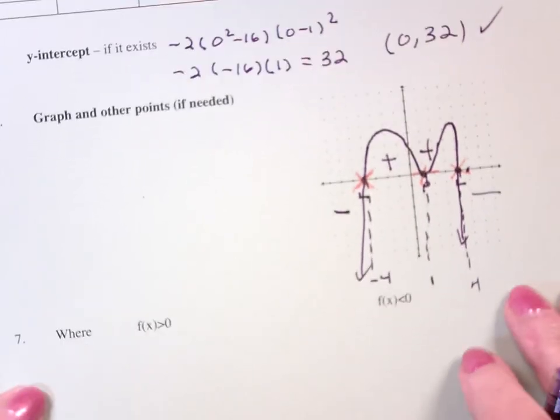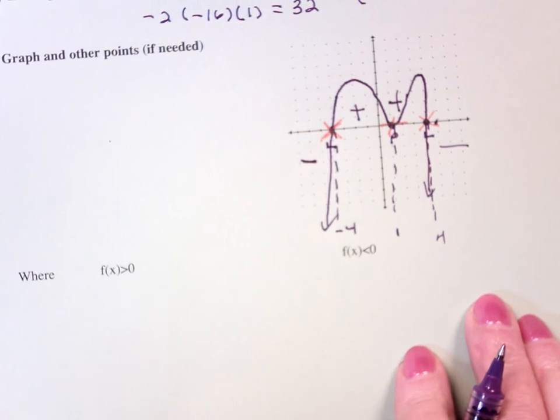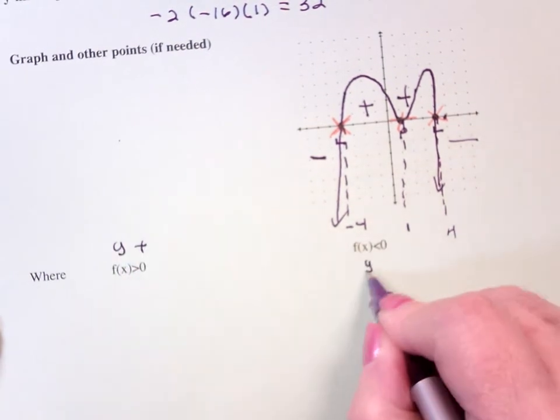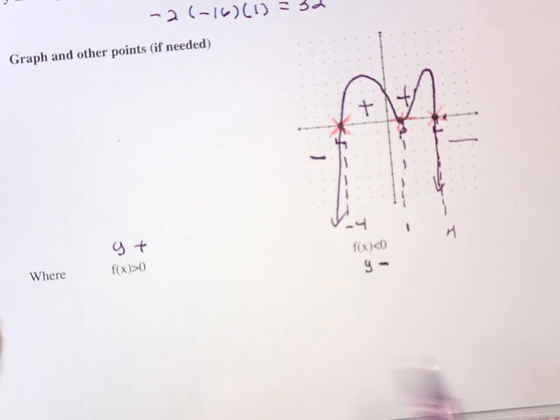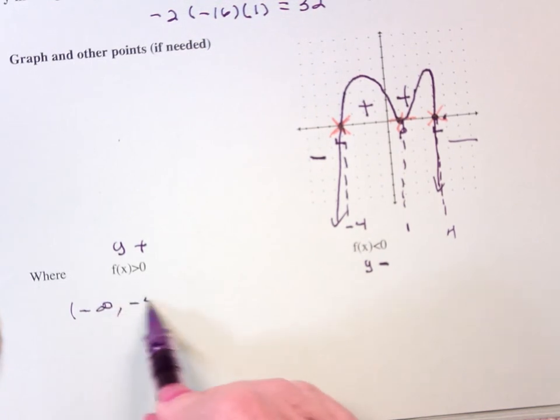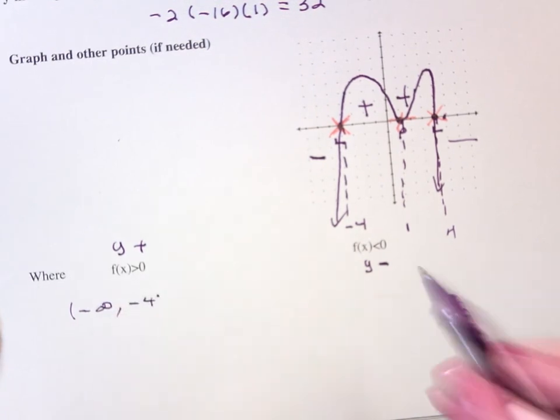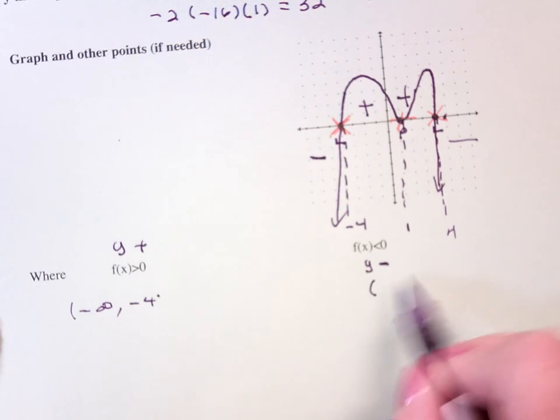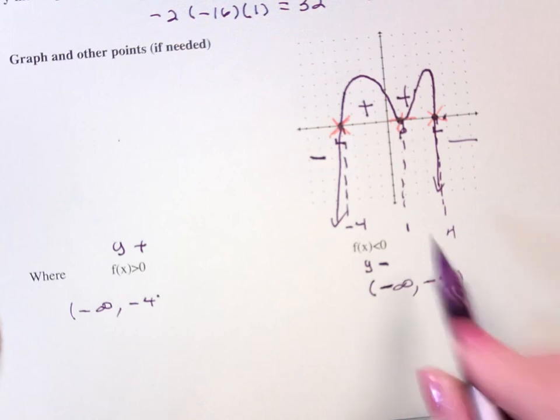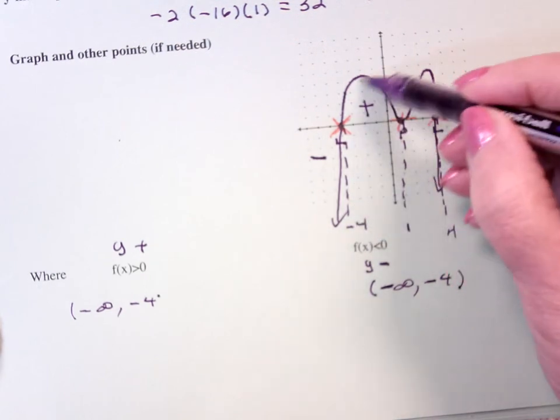So if I want to know where y is positive and where y is negative, it's all around the x-intercepts. So it would be minus infinity to negative 4. Then it crosses, y goes positive.